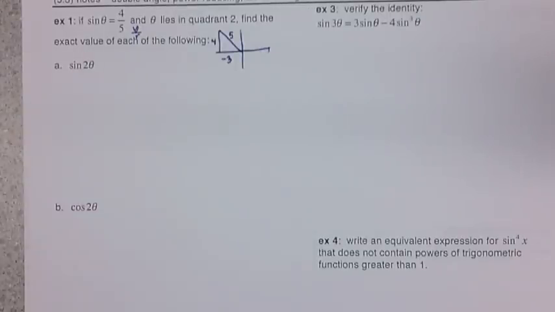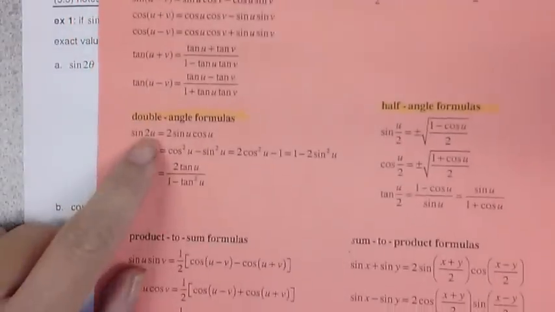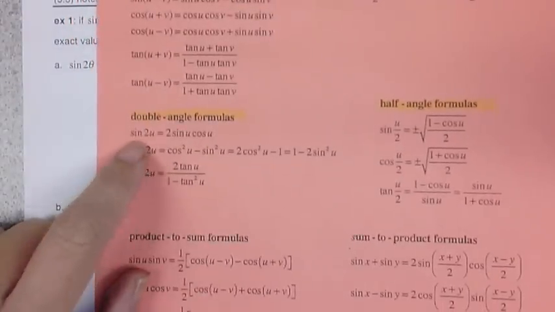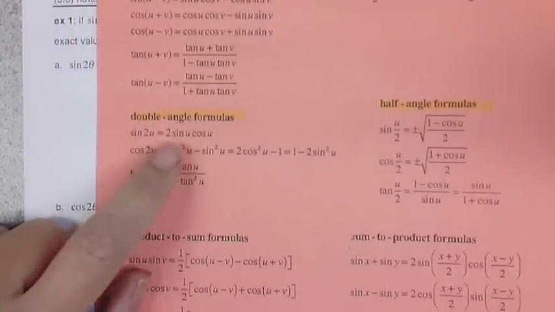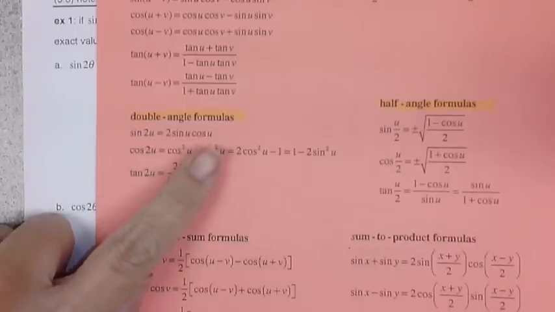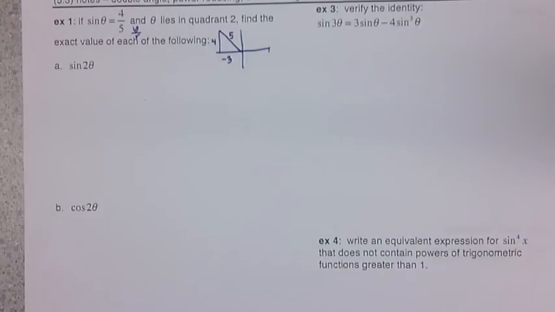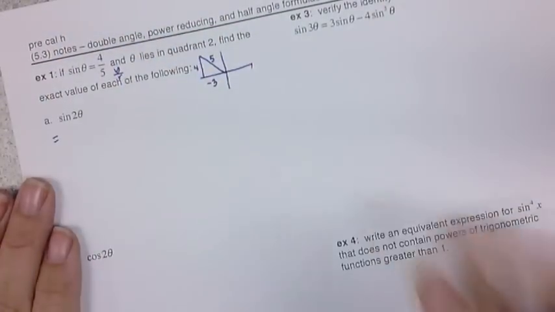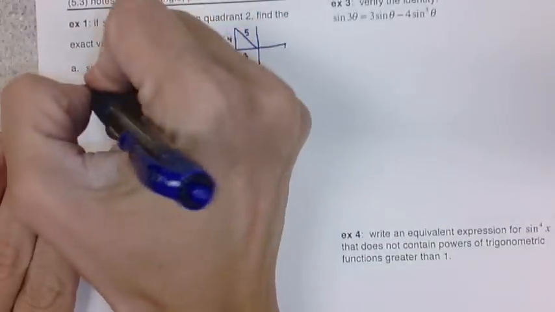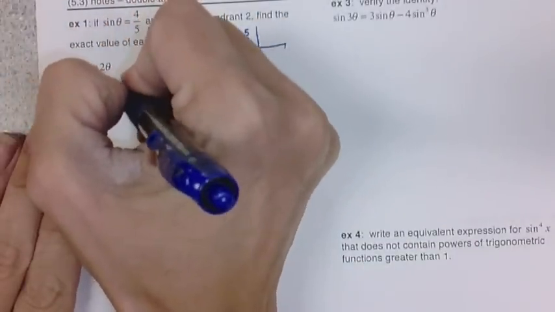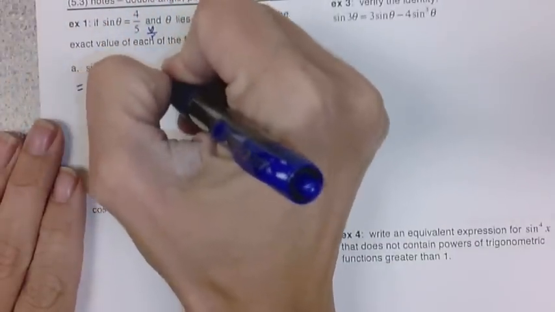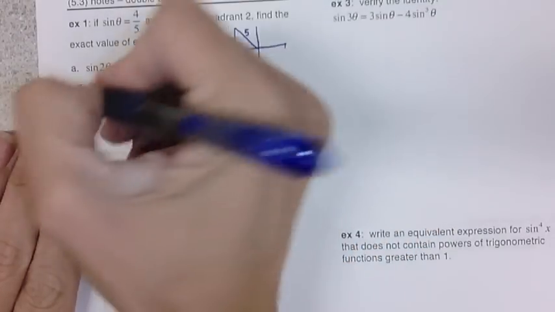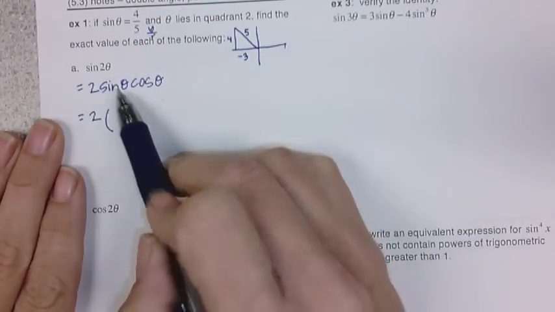So sine 2 theta, we're going to take a look at our formula here. So sine 2 theta is right here. It says another way to write sine 2 theta is 2 sine theta cosine theta. So we're going to apply that to our problem and say that this is 2 sine theta cosine theta, which is the same thing as 2 times, well, what is sine of theta?